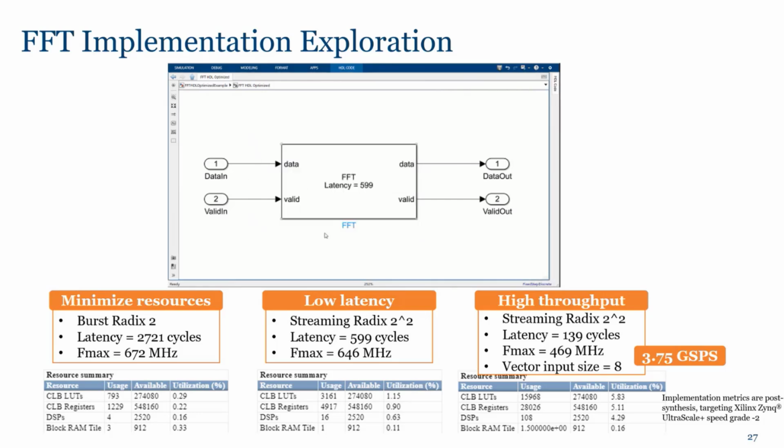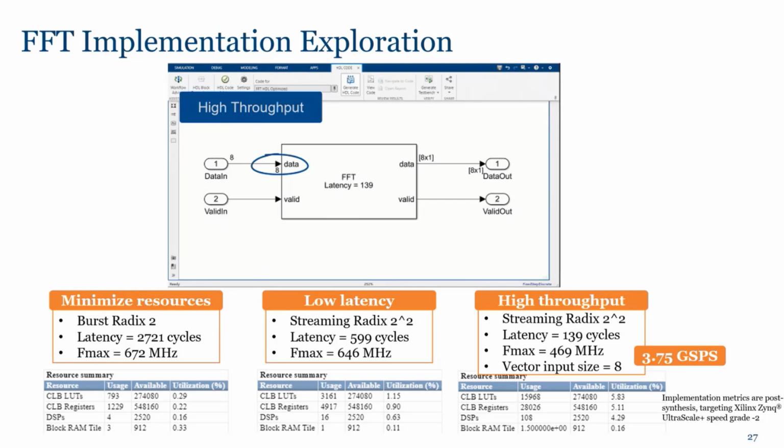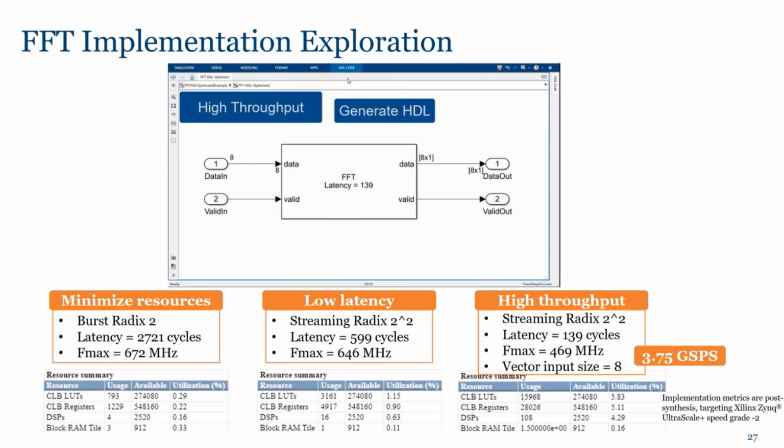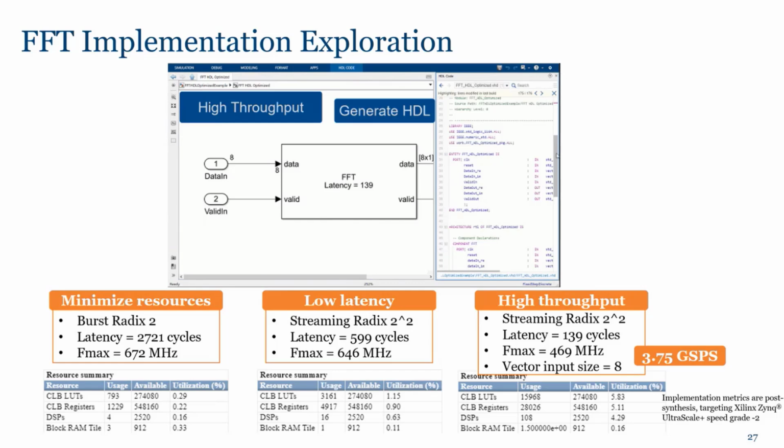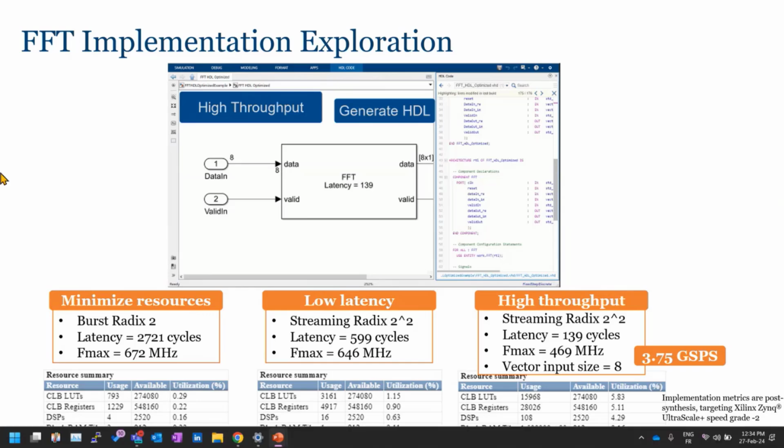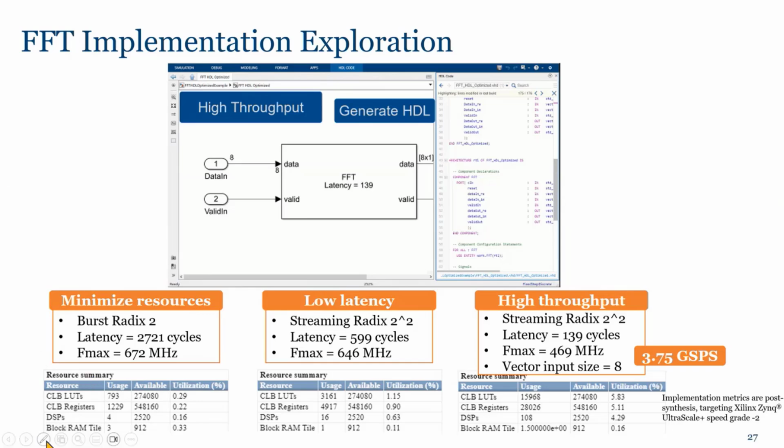The result that you see at the bottom is the post synthesis result. It's for a Zynq UltraScale+. So you can see, between minimizing the resources, having a low latency block, or a high throughput block, we have a different percentage of utilization on our hardware design.